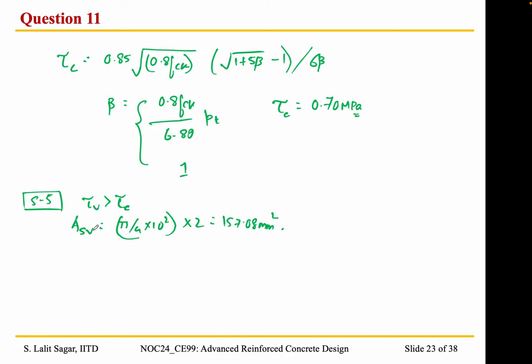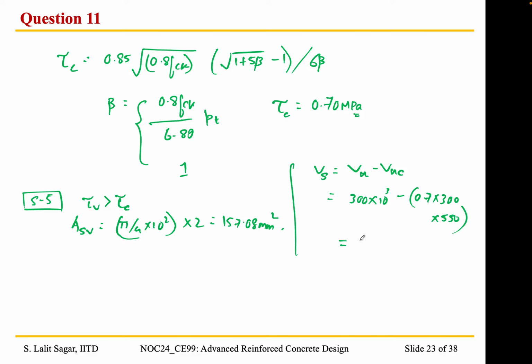Before going there, we need to determine the force for which the steel has to be designed. Vs is equal to Vu minus Vuc, so that is 300 into 10 to the power 3 minus tau c BD, that is 0.7 into 300 into 550.